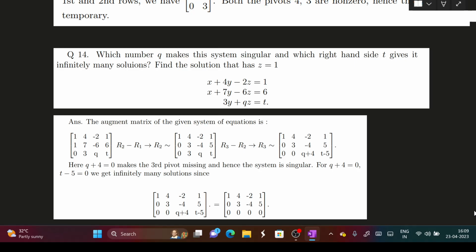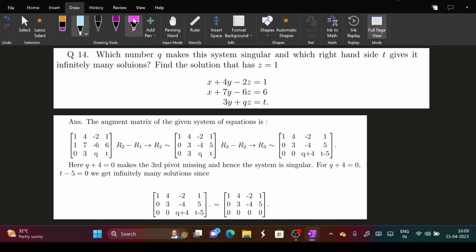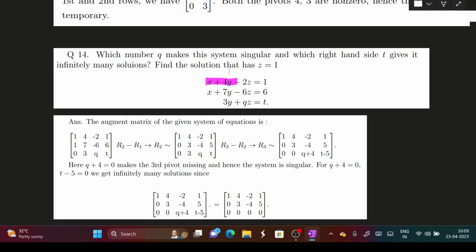Here, what is the system of equations? x plus 4y plus 2z is equal to 1. So this is my first equation. And similarly, x plus 7y minus 6z is equal to 6. Similarly, 3y plus qz is equal to t.